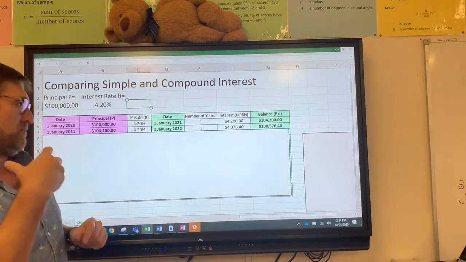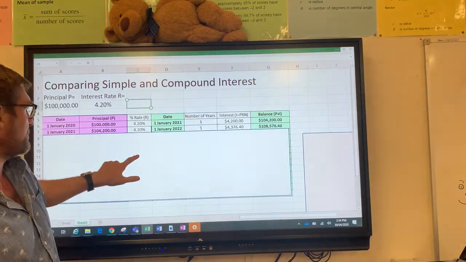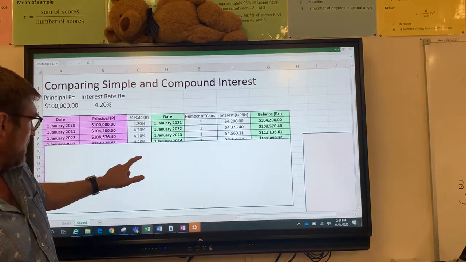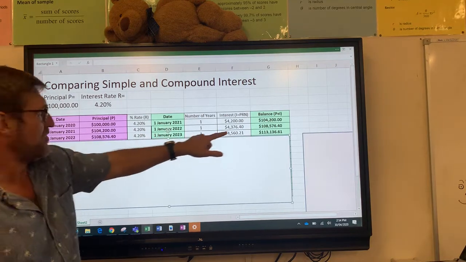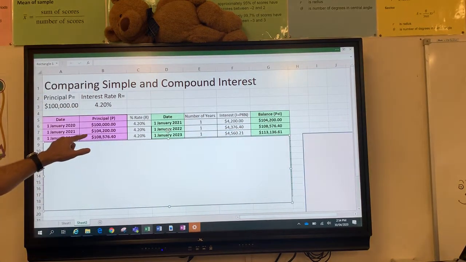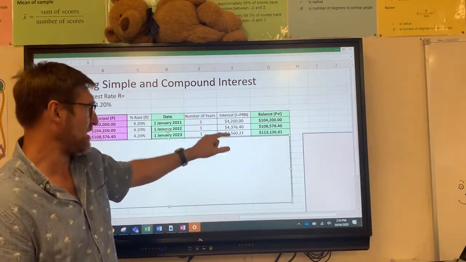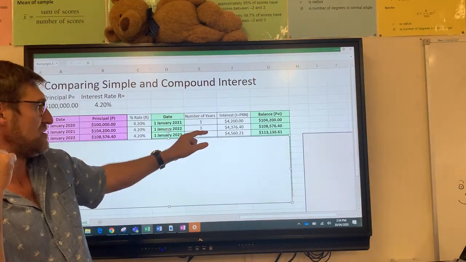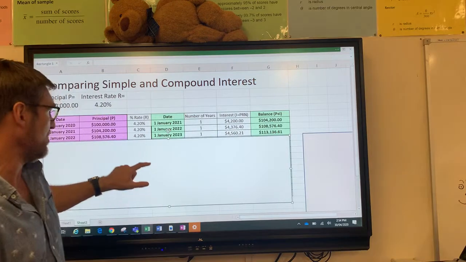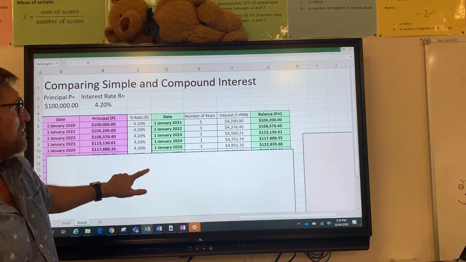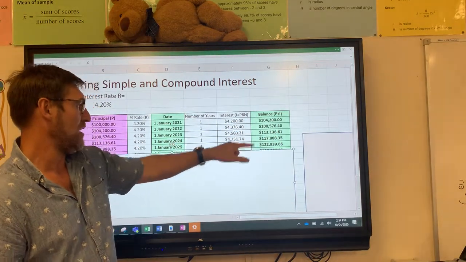Now if I keep doing that, another year rolls by. I've got $108,000 sitting in the bank now. I wait a year. I get paid more interest, better than the last year's interest. Now I'm at $113,000. If I keep doing that, look at my account growing bigger and bigger and bigger.